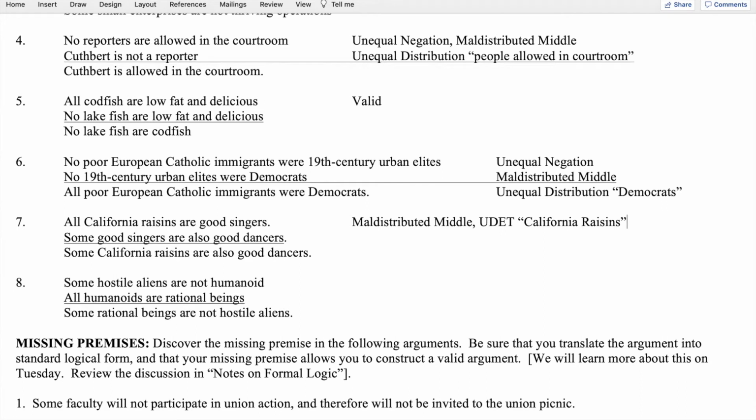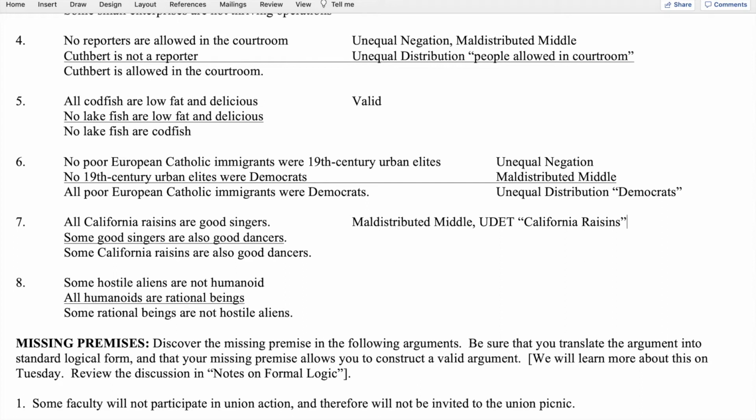And then we can look at the other end term, good dancers, and good dancers is not distributed in the conclusion because it's predicate of an affirmative, and it's not distributed in the second premise because it's also predicate of an affirmative, and that's okay, but the syllogism is still invalid because it commits the fallacy of the maldistributed middle term and the fallacy of the unequal distribution of the end term California Raisins.